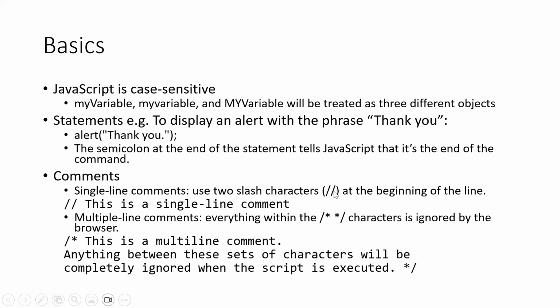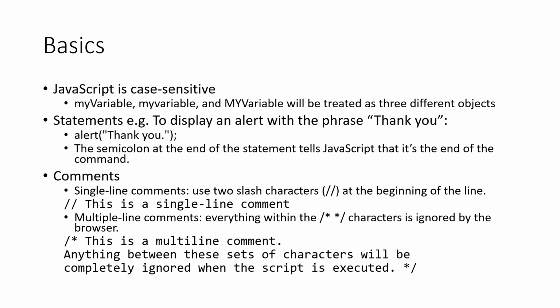The second point is statements. In every statement, usually we have a semicolon. In this example, if you want to display a message box, or we call it an alert, we can say alert, and within brackets we put the message that you want to display, and then you will have a semicolon.